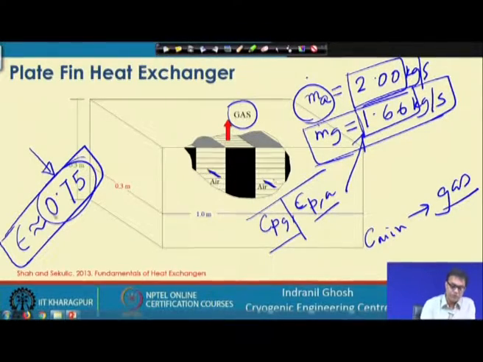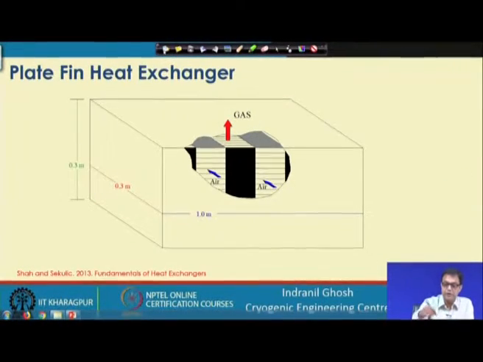Now, if we assume epsilon to be 0.75, we can correlate it with the exit temperature. Since we have assumed similar specific heats for the air and the gas, the gas is the minimum capacity fluid.